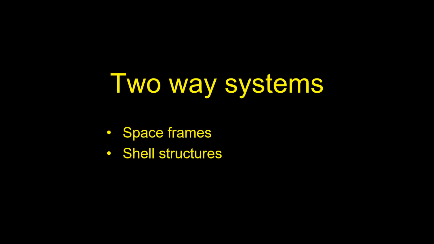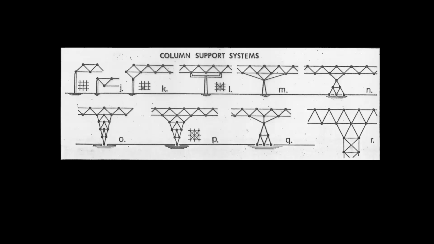What about two-way systems? Well, the two main types of two-way systems are space frames and shell structures. What do space frames look like? Well, in elevation, they look like this. They are fully triangulated, usually made out of steel.